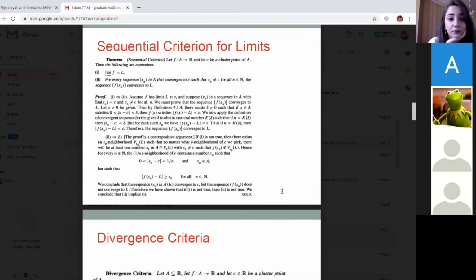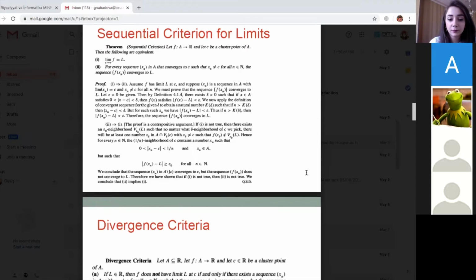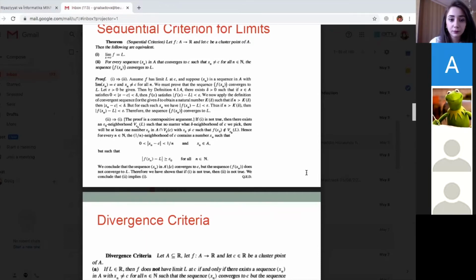First, the limit of f(x) as x approaches c is equal to L. Second, for every sequence x_n in A that converges to c such that x_n is not equal to c for all natural numbers n, the sequence f(x_n) converges to L.